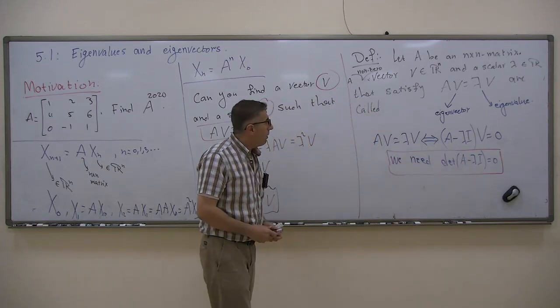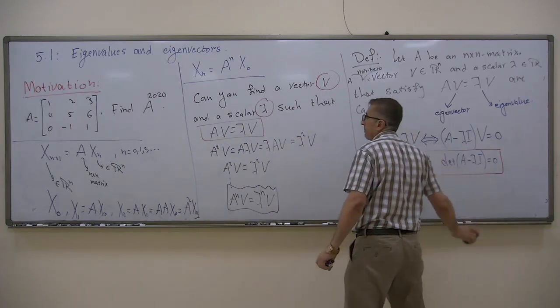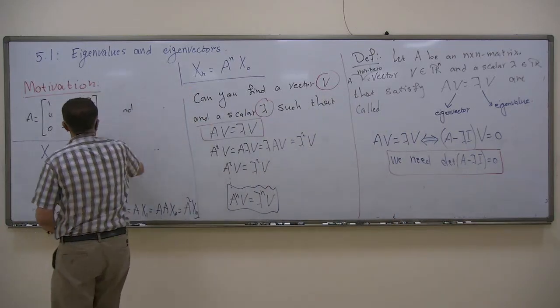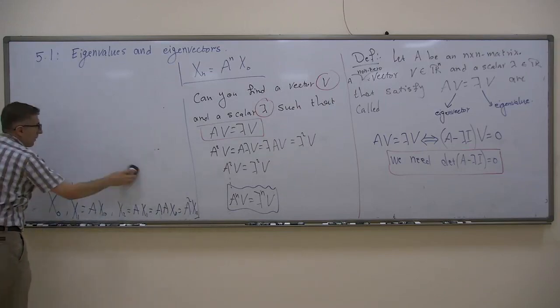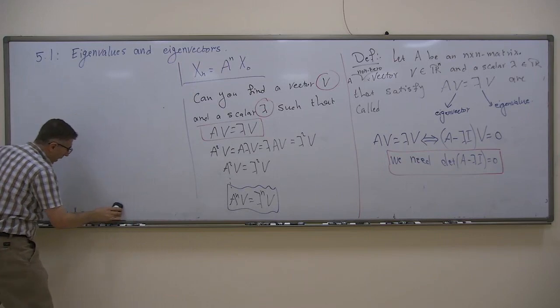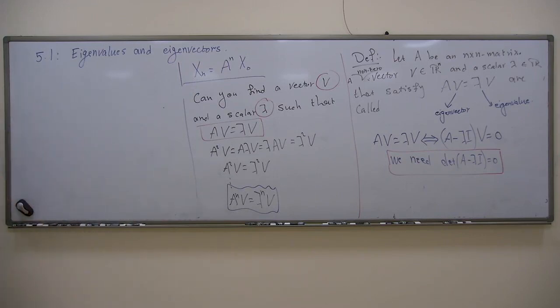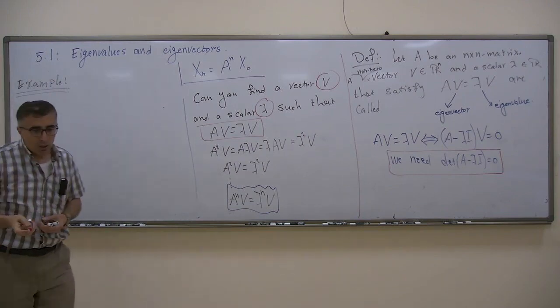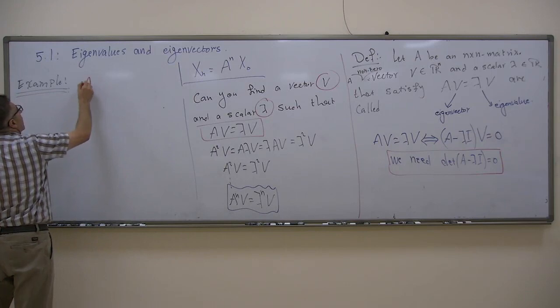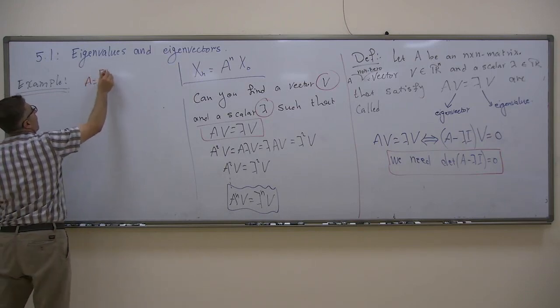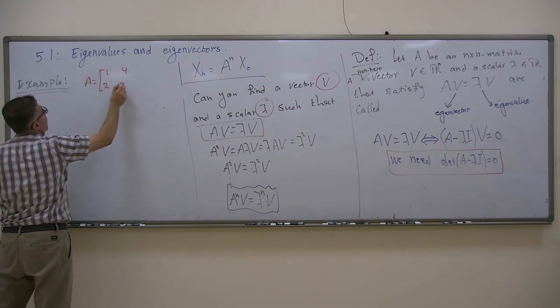So now let's start with an example. And as usual, I'm going to start with a very easy example. Let me take this example: A equals 1, 4, 2, 3.